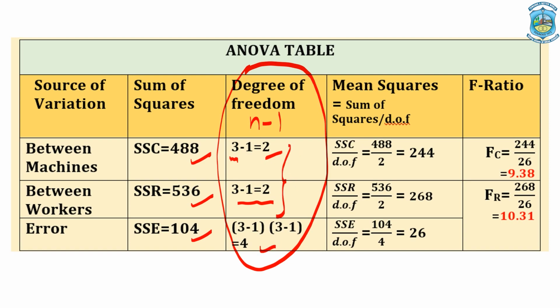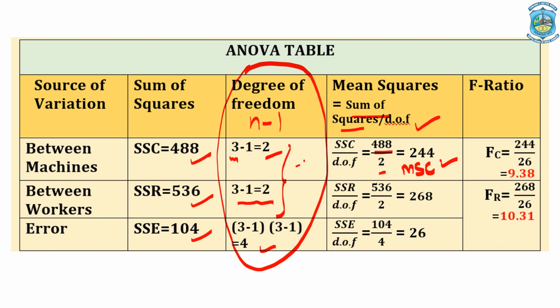Now for mean squares, the formula for the mean square is sum of squares divided by degree of freedom. Now for machines, we have the sum of squares between the columns, that is 488, and the degree of freedom for machine is 2. So after dividing 488 by 2, we get 244. And this 244 is the mean square between the columns or machines.